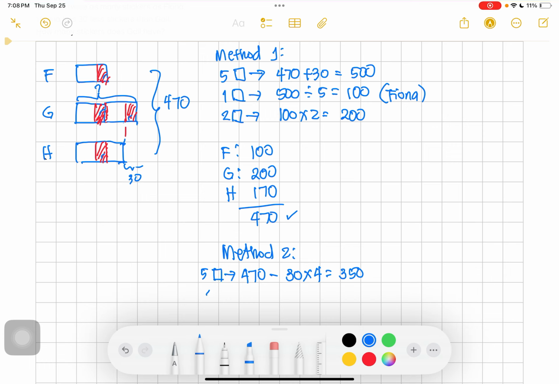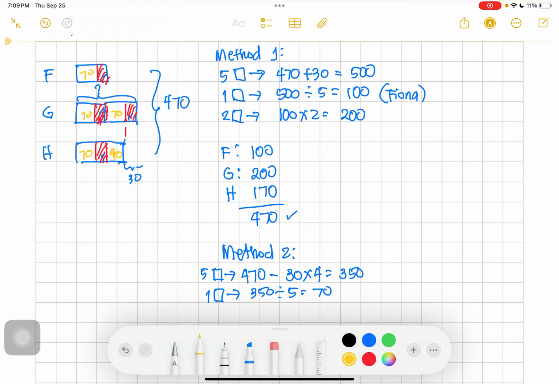So 1 unit is 350 divided by 5, that is 70. So 70 now represents this small unit. Okay, so that is 70. Let's make it. So 70, 70, 70, 70, 70.